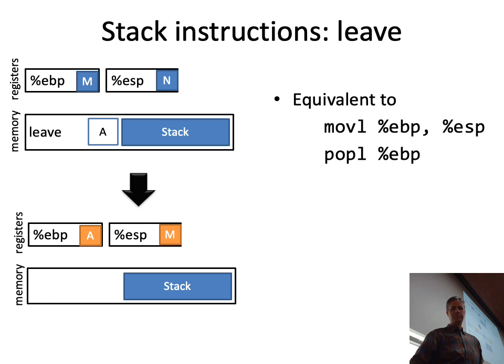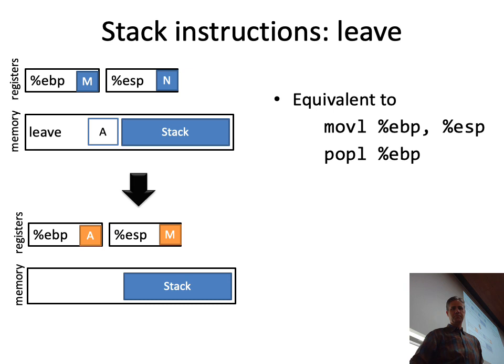So there are a couple of special instructions that x86 has to help with making procedure calls. One of the things that is going to get stored on the stack is the frame pointer from the calling function, because we want to be able to restore its stack frame when we're done executing. So the leave instruction is an instruction that restores the previous frame pointer.